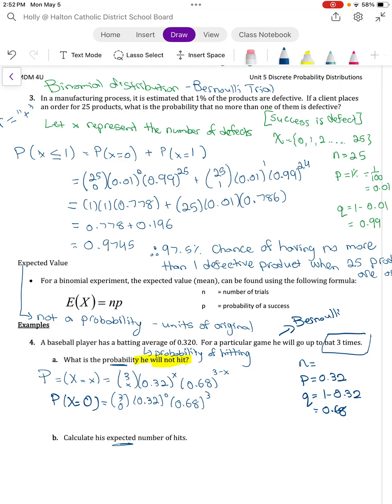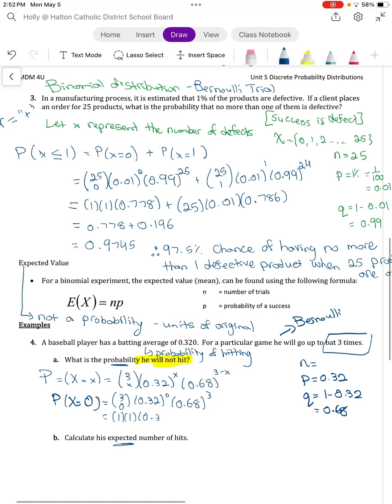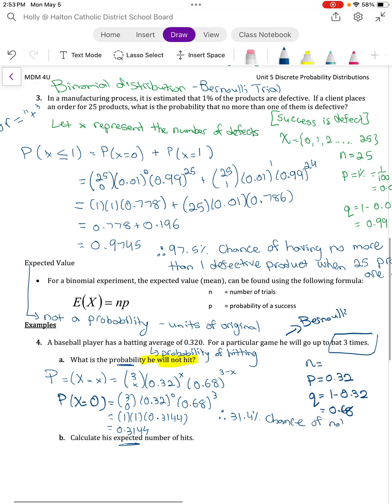So he's not getting any hits, which means we have 1 times 1 times 0.3144. So we get 0.3144. The probability that he will not hit would be 31.4% chance of not hitting when at bat 3 times.